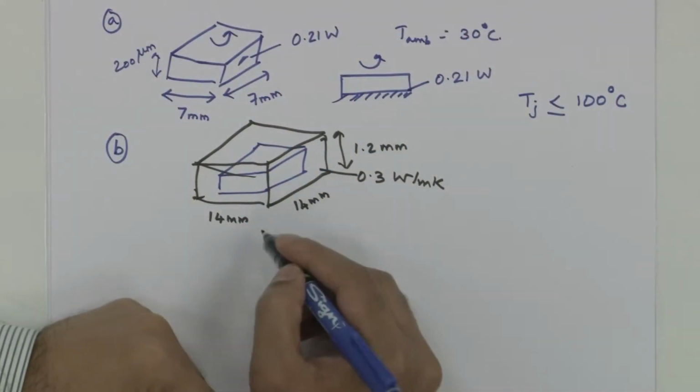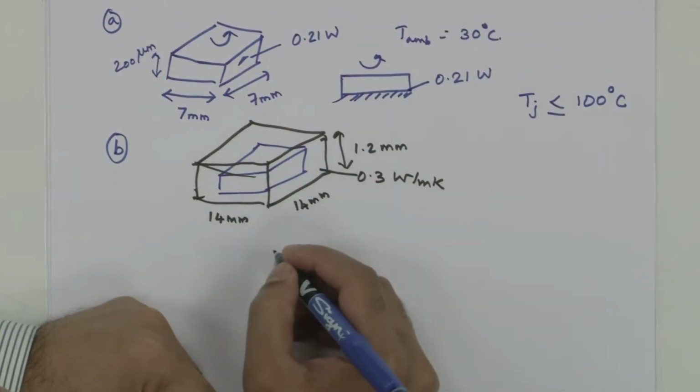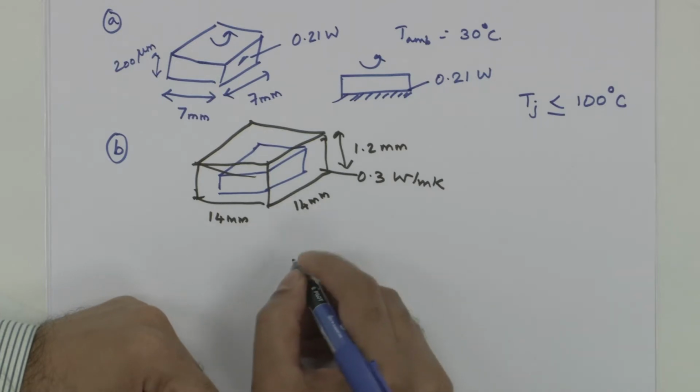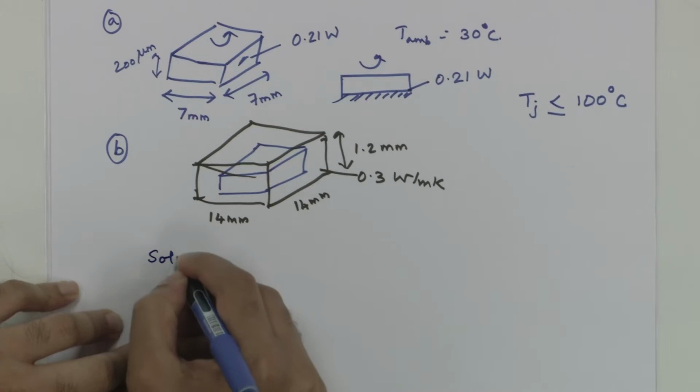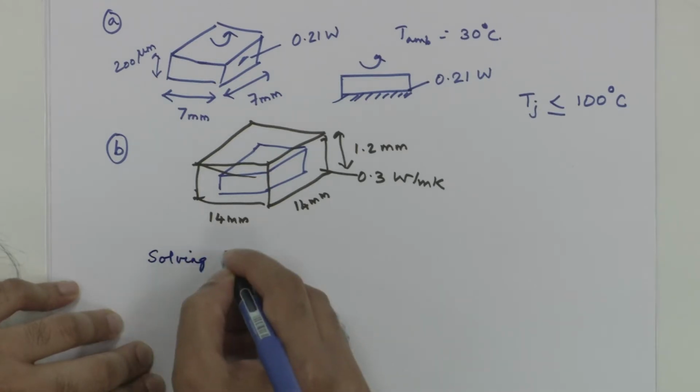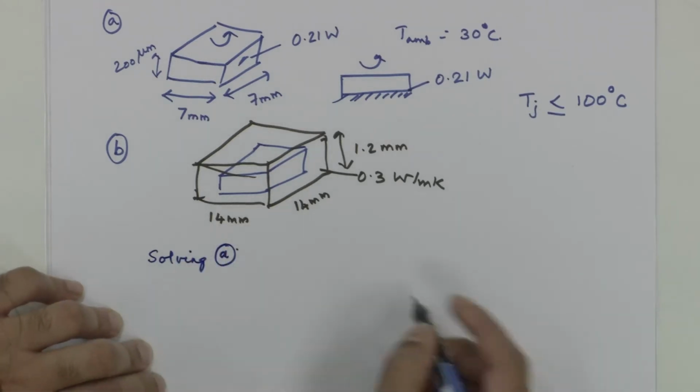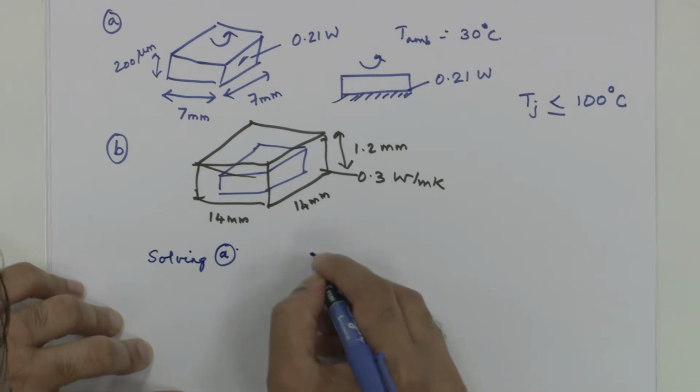First, let's take problem statement A, as we have shown here. Since the heat dissipation is happening only by natural convection, the resistance network for problem A is very simple.